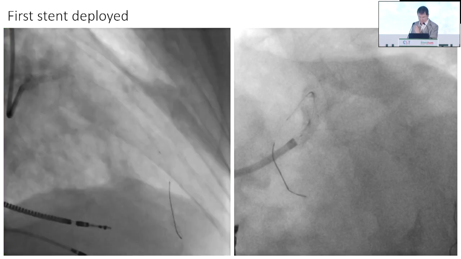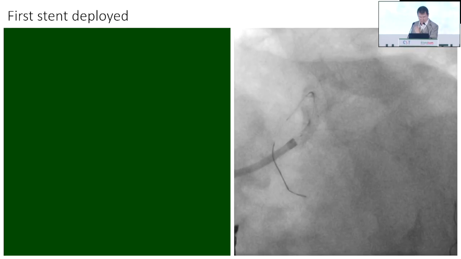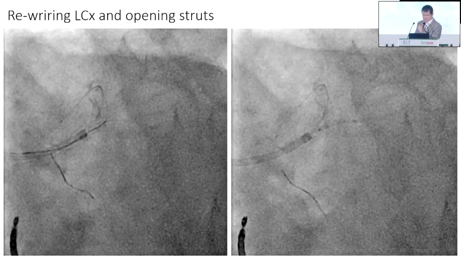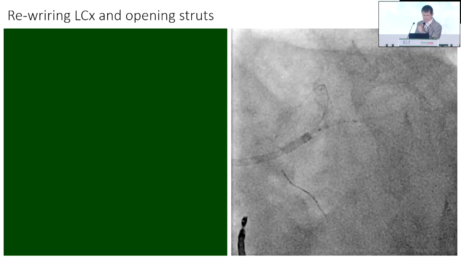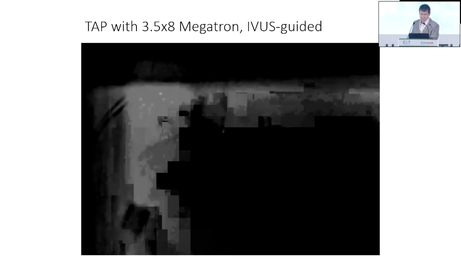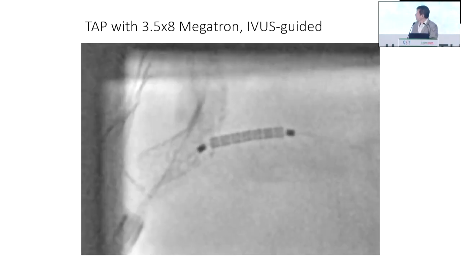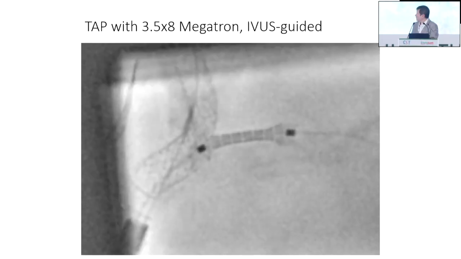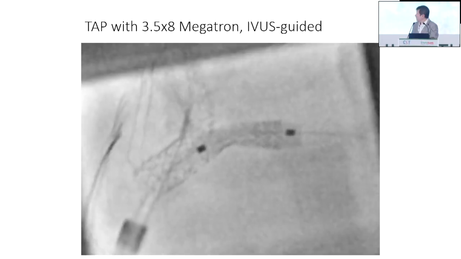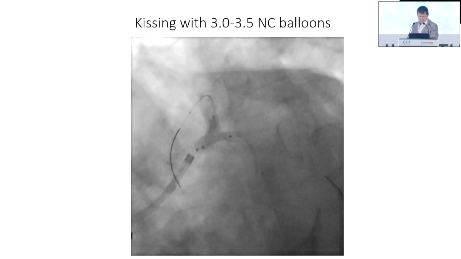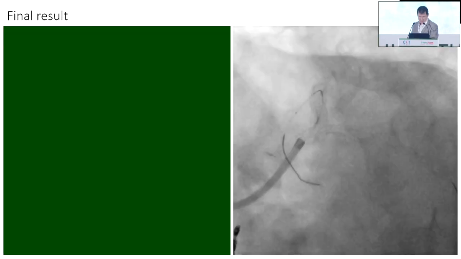It's also very simplified, but this time I decided to do TAP. So I did 4.0 POT, and then rewired circumflex, opened the struts, and brought a second Megatron 3.5/18. And then did kissing, and final result.